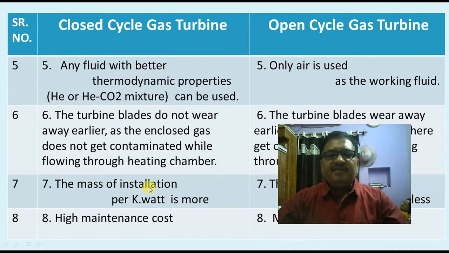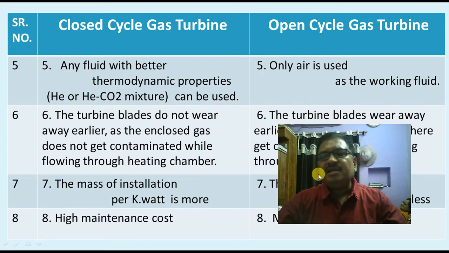Seventh point, the mass of installation per kilowatt is more. Mass is more in case of closed cycle gas turbine, because the material should be heavy, because the pressure is higher. The density of the air and the pressure of the working substance which is passing through the system is higher than 1 atmosphere at the beginning only.